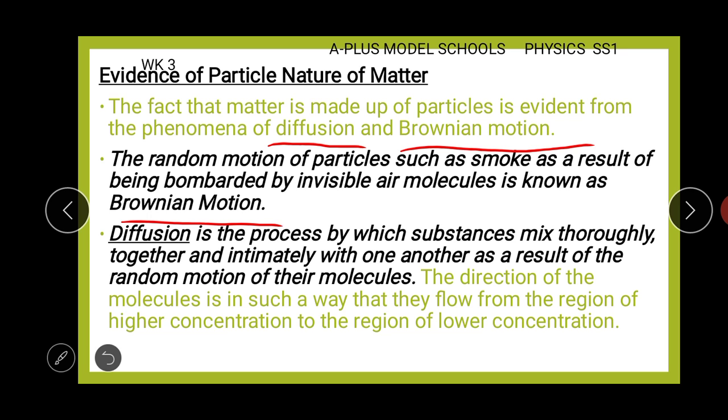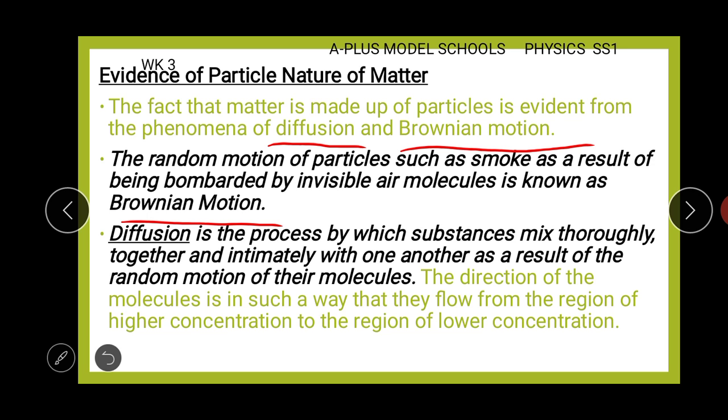The Brownian motion is that random movement. You can see when you have particles, like for instance, when you have fluids or when you have gases moving about, you see the random nature of movement of molecules or particles. Like when we have dust, for instance, you can't predict the movement. You see that the particles move in a random manner, in an irregular manner, in an unpredictable manner.